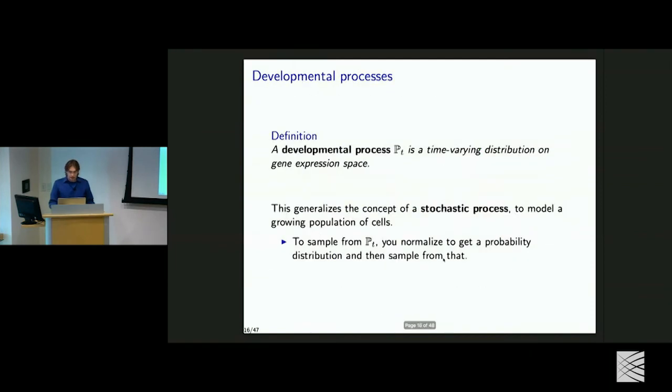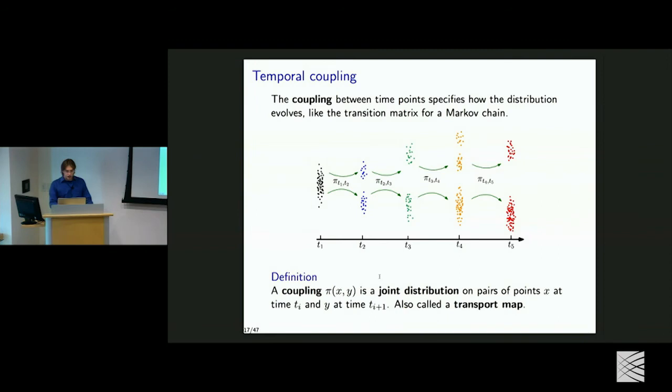Yes. So we have a developmental process, which is a time-varying distribution, and the coupling is a joint distribution, not necessarily a joint probability distribution, but it couples the distribution at time t1 and time t2. Okay.